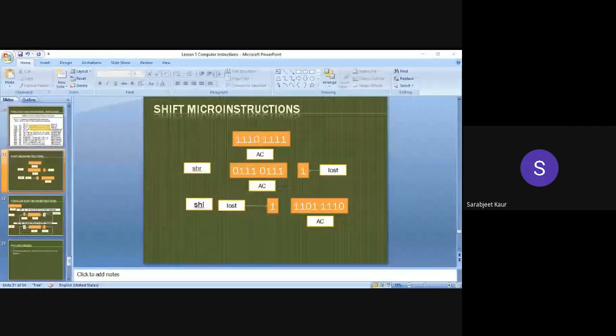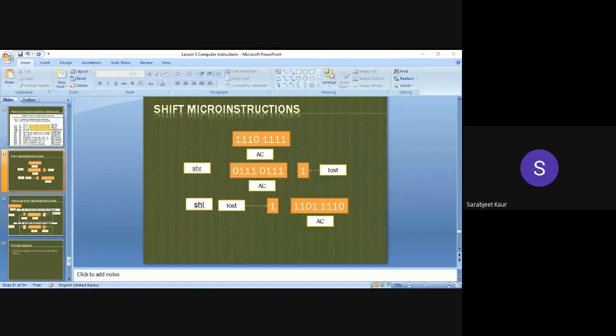Let us look at shift left next. Now, what happens when we shift left? Similarly, all these bits are shifted one bit to the left. And this time the most significant bit drops down and is lost. Is this clear?